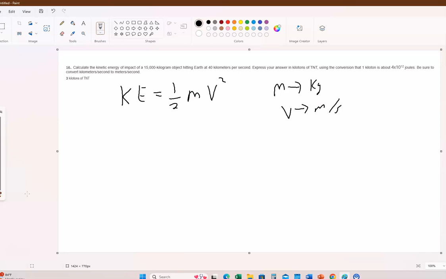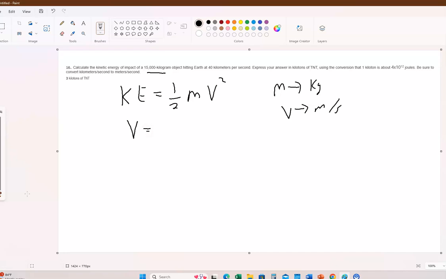That's really all you have to change, because the impactor, whatever it is that's hitting the Earth, is 15,000 kilograms. So we don't have to change the units there. But the velocity we have to change the units, and that's pretty easy to do.